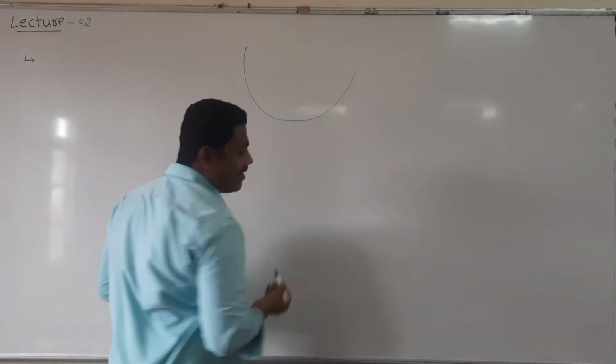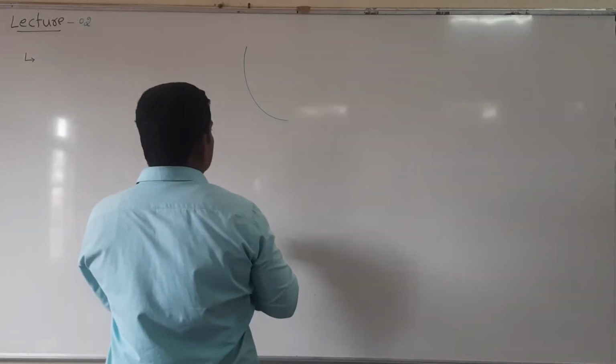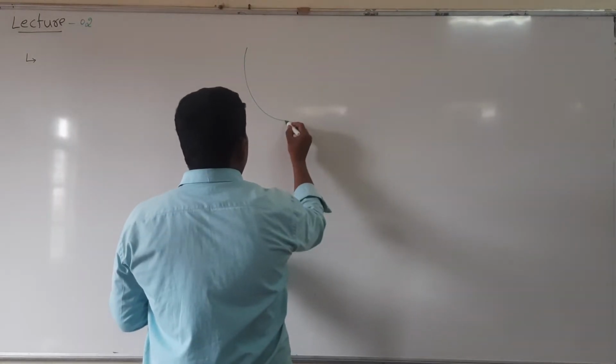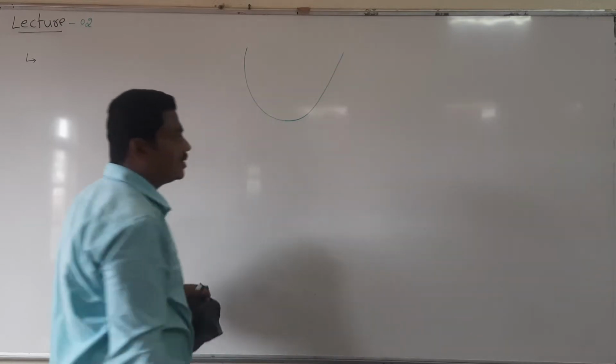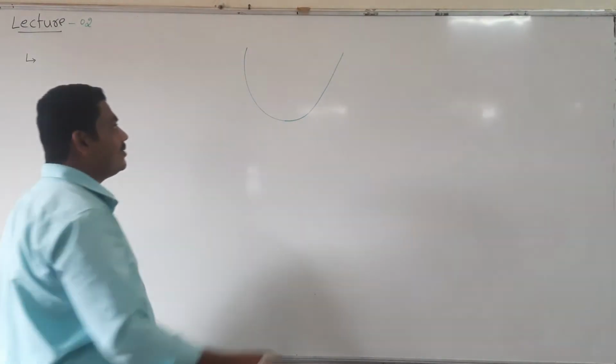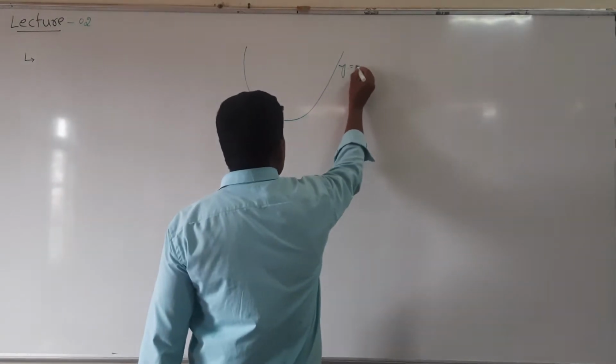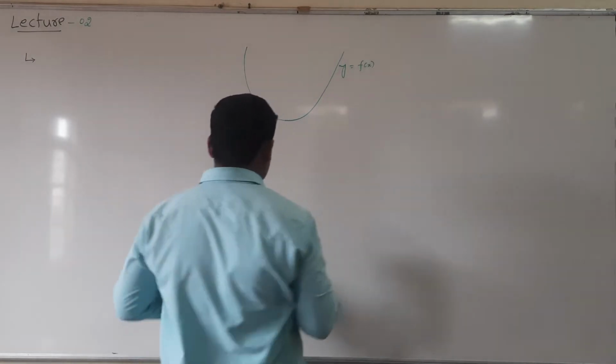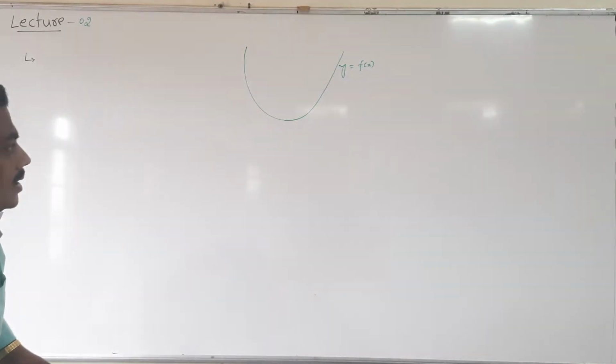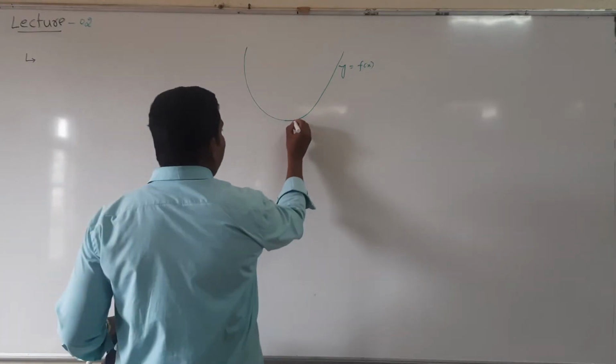Suppose it is our graph. This is y equal to f of x, right? I will draw a tangent line at this point.